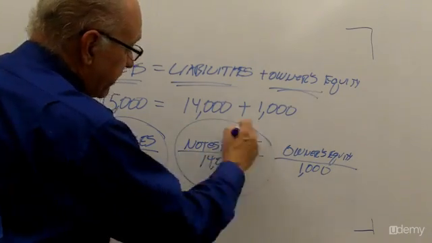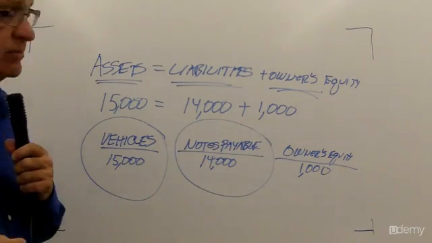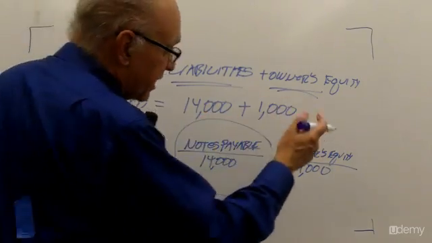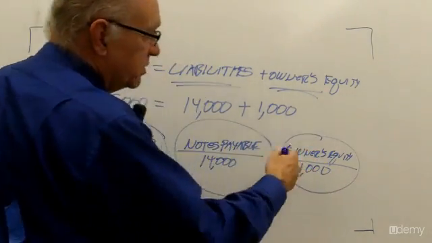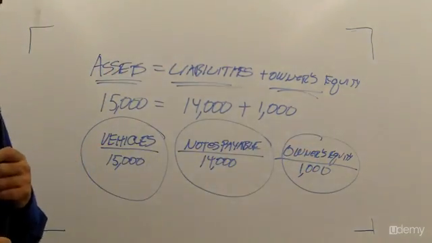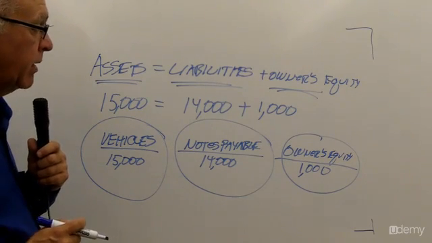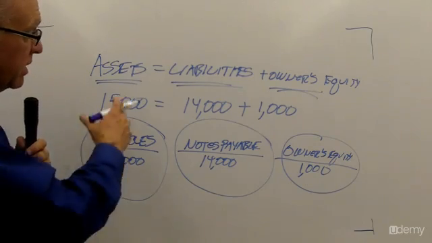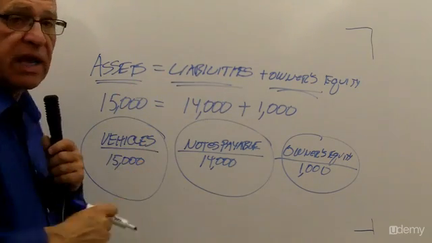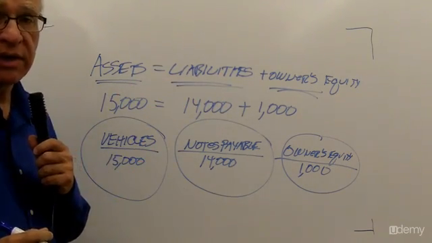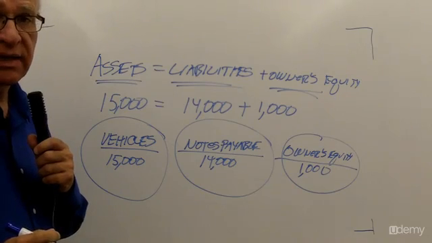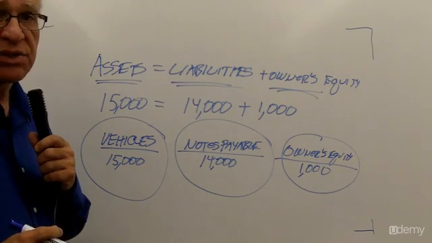Notes payable is a liability account. Owner's equity is owner's equity. We'll show some other breakdowns of that in future segments. But our accounts fall within our major categories of our accounting equation. And that is assets equal liabilities plus owner's equity.